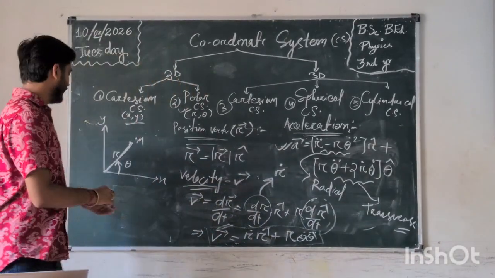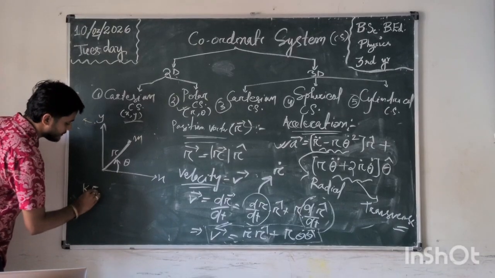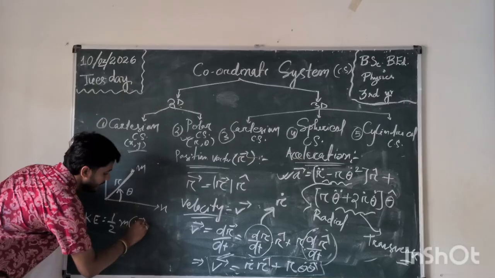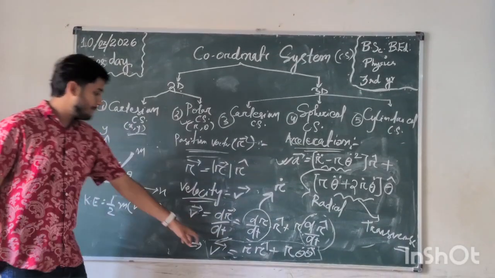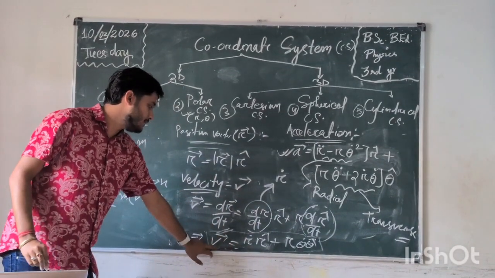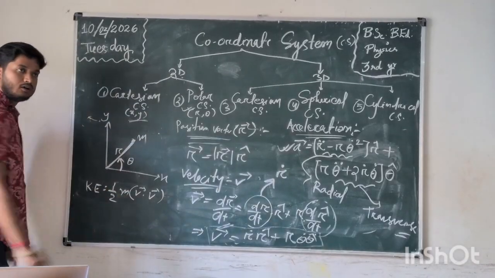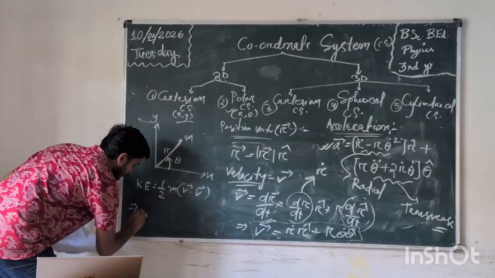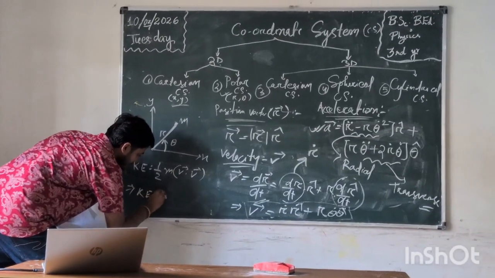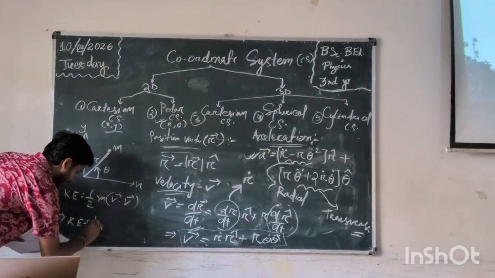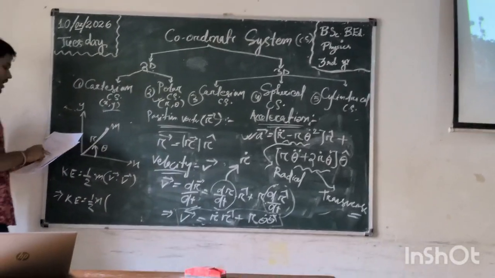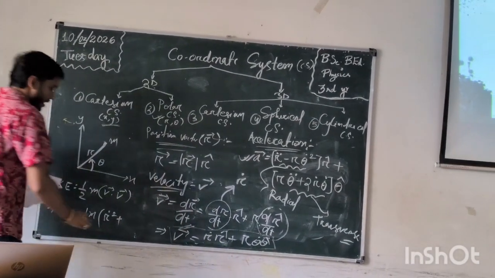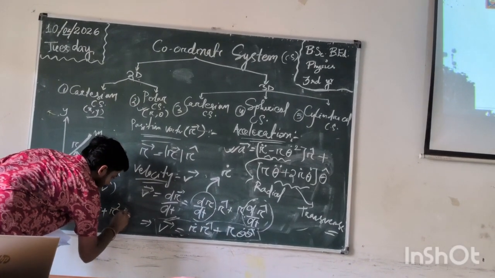Next is our kinetic energy. We already know the expression for kinetic energy: half m v square. So v square we can write as v dot v. After putting in this expression of the v vector, we get the dot product. The final expression for kinetic energy is half m into r dot square plus r square theta dot square.